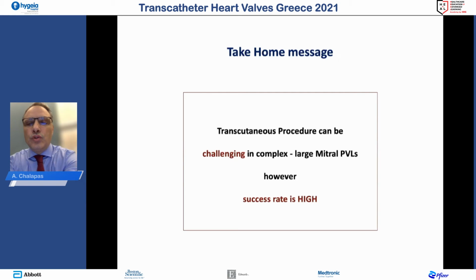And in conclusion, I have to say that the transcatheter treatment of PVLs in mitral position can be challenging, especially when the defects are complex and large. However, the success rate is very high. And with that, I want to thank you for your attention.